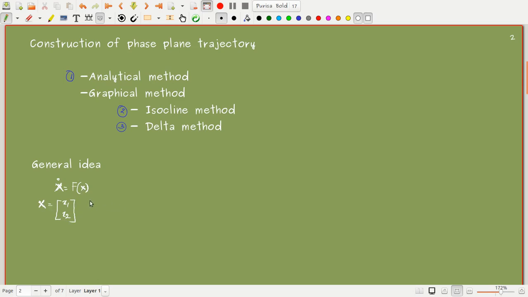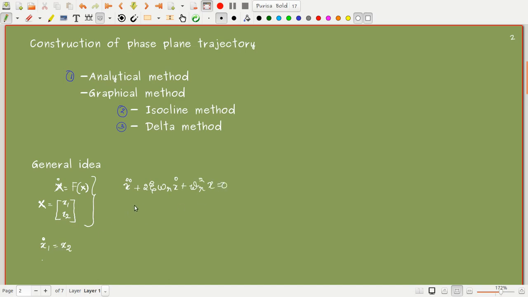I have given that just for notational convenience. Here, for the previous system, maybe I will write it once again: x double dot plus 2 zeta omega n into x dot plus omega n squared into x equal to 0.